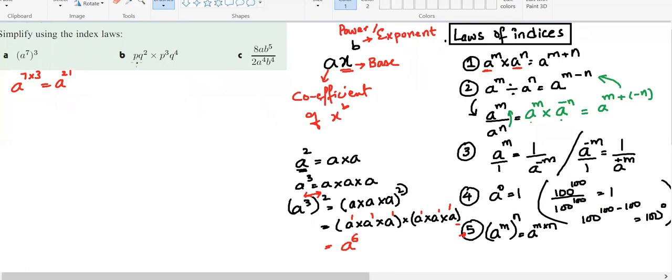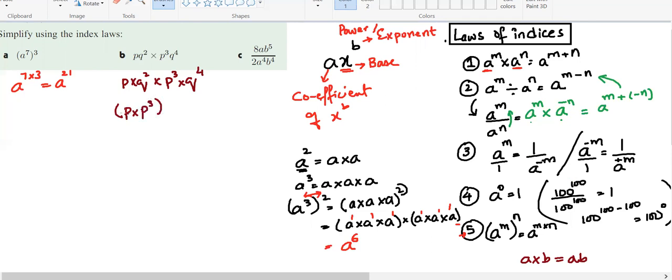Next up is p times q squared times p cubed q to the power 4. As a matter of fact, whenever you write ab, it means they are multiplied. So if you write p q squared, it means p is multiplied with q squared, just for your clarity, and they all are multiplied. Keep an eye on rule number 1, same bases multiplied. So I can always shuffle or switch their places in case of multiplication.